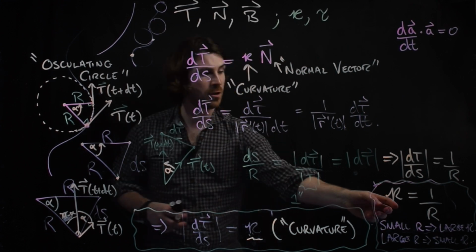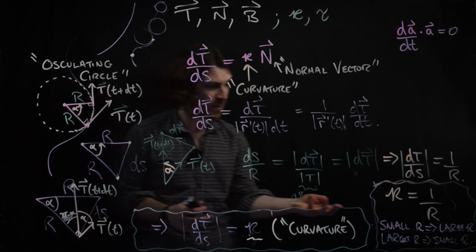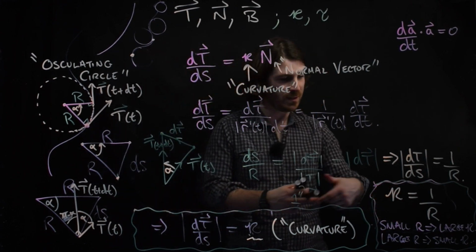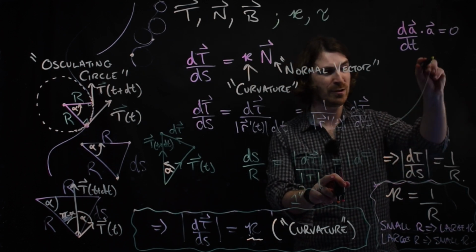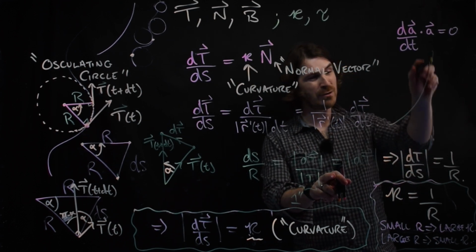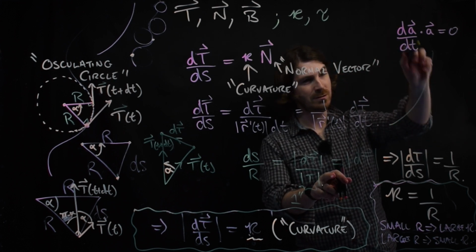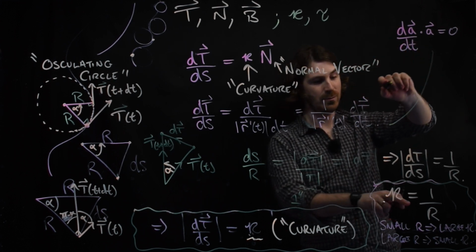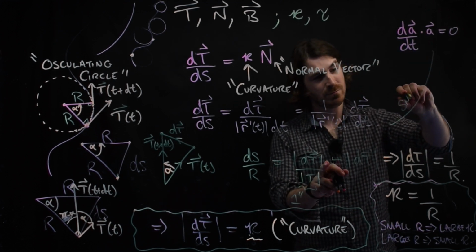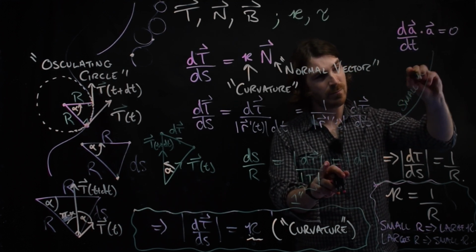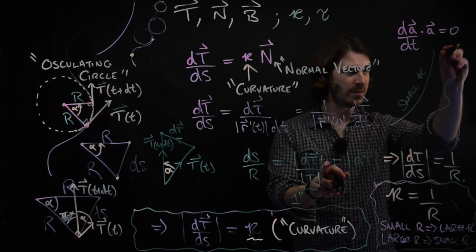So this curvature is, as you expect it to be intuitively, a measure of how curvy the curve is. Here's a gentle curve. It will have a large osculating circle, so the radius will be large, so this has got small curvature, small kappa, compared to something like this.